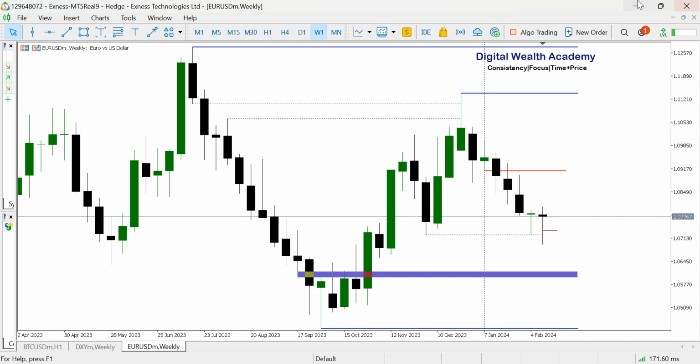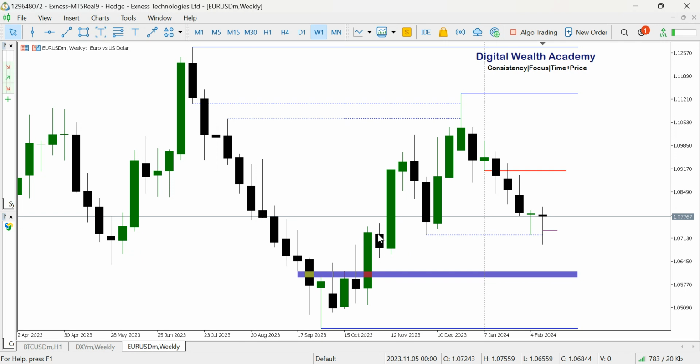Meaning that what I'm trying to explain here is that this particular line represents an old low that has been swept, and we swept this old low, which led us to this bullish mitigation block, right? Because this is an order block and this is a mitigation block, so just refer to it as a weekly order block.